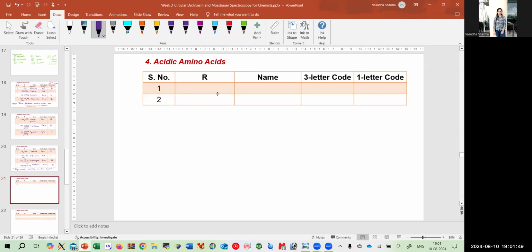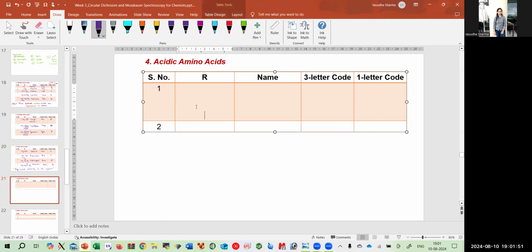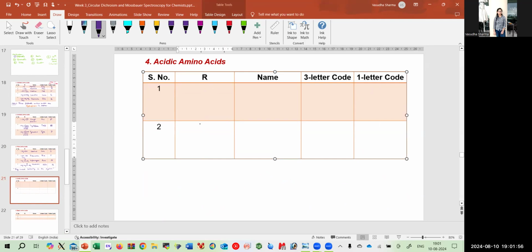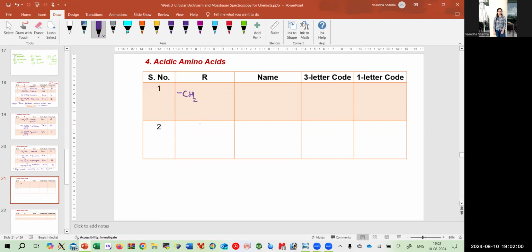Now moving to our acidic amino acids. There are two types of acidic amino acids. One is having CH2, C double bond OH. This is called aspartic acid, and the three-letter code is ASP, and it is D. Similarly, we have CH2, CH2, COOH.